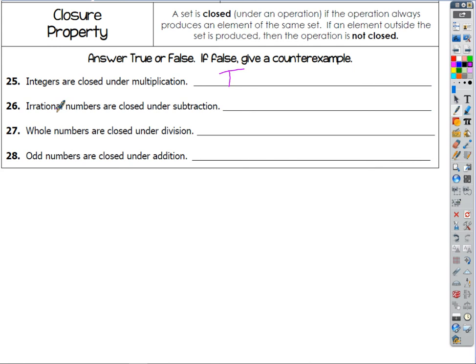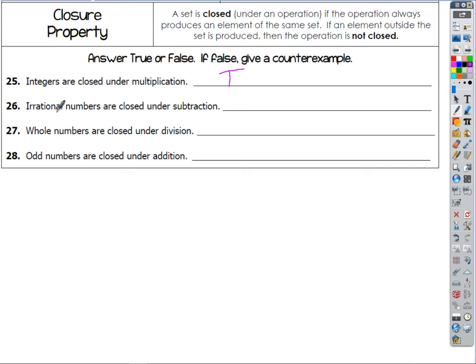What do you think? What's another irrational? Like square root of 2? Yeah, so pi minus the square root of 2, that would be irrational. So that seems to indicate that it's always true.